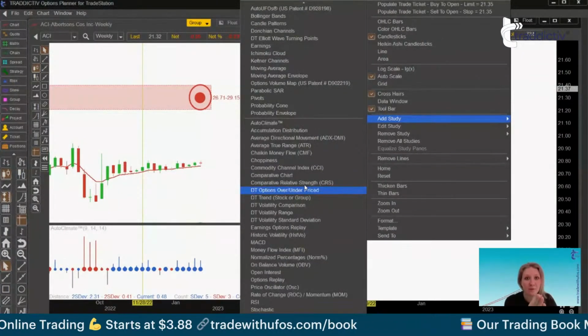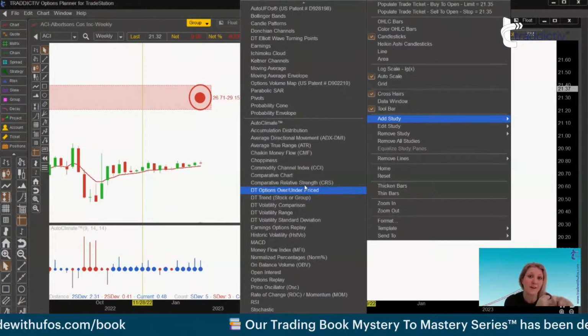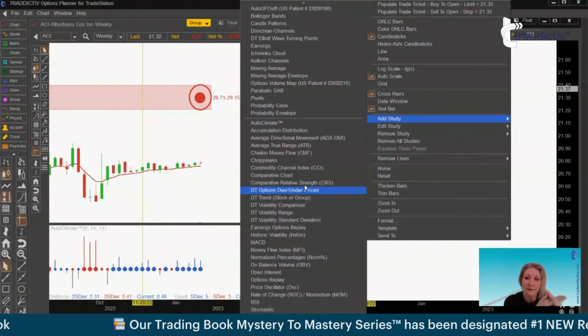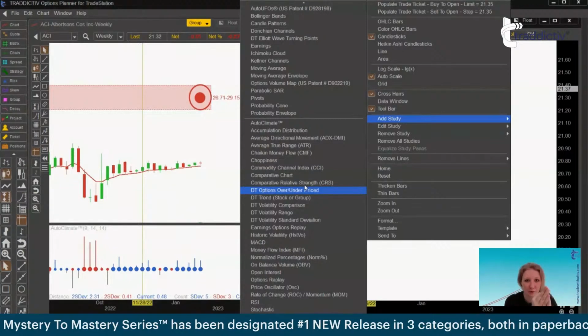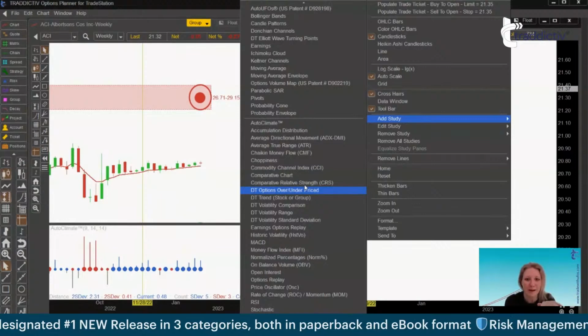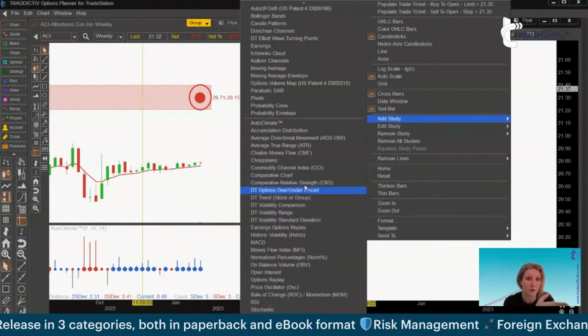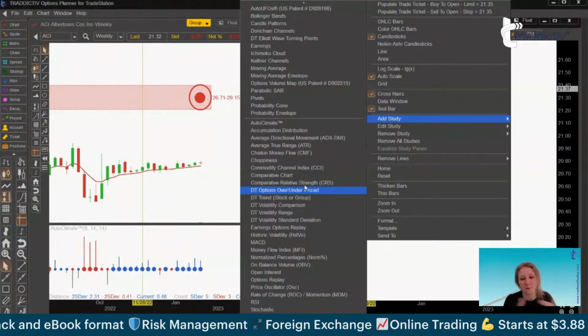Could you layer things on top of this to make it even better? Yeah, you'd need to back test it to prove that it works with your strategy. I tend to use just variations of those 3 tools. So it might be that I back test a different EMA, or it might be that I back test just using auto climate as a way to get in and out on my longer term investments, as an example.